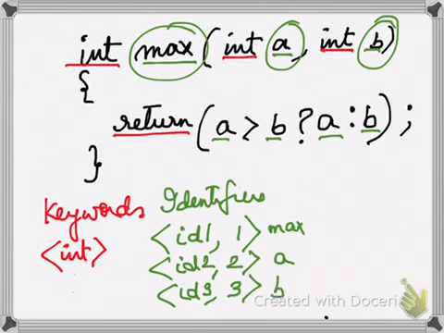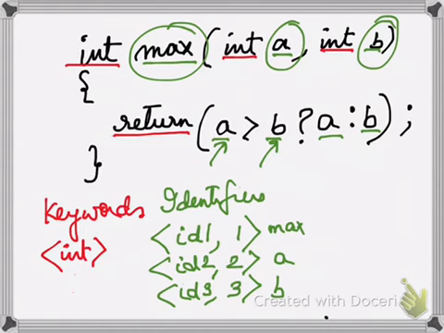Now for the other occurrences, the token will be exactly the same. It is pointing to the same location, the same identifier, but there will be individual tokens for each of these.